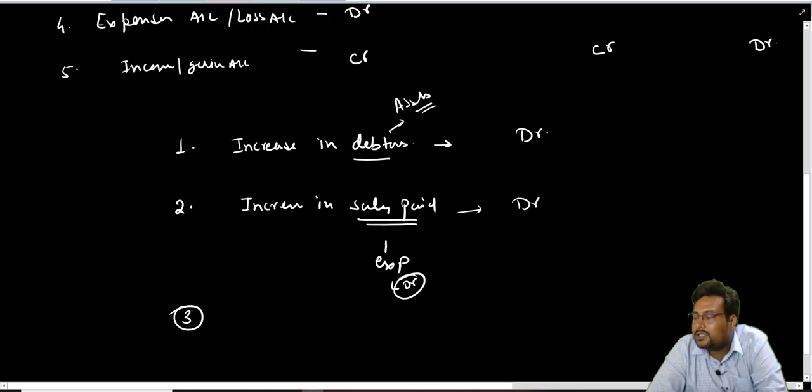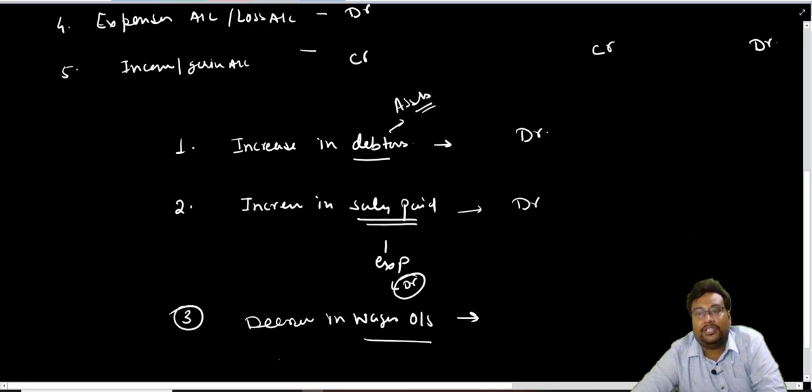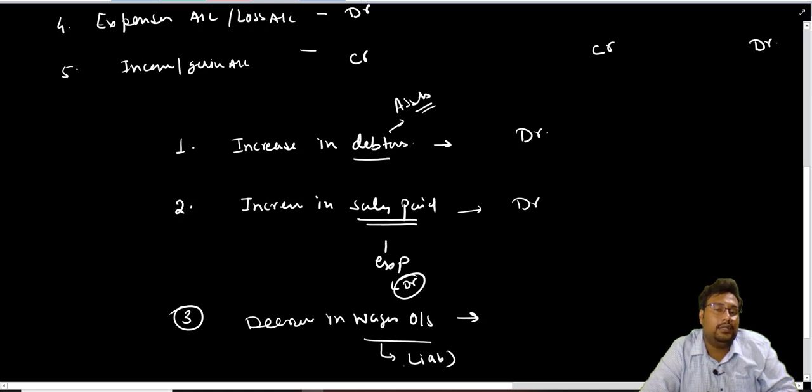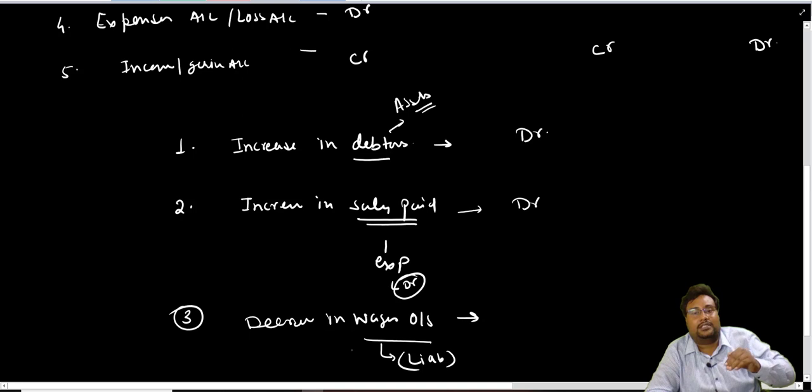Third one, chalo, one last we will do. Decrease in wages outstanding. Now beta, wages outstanding means you have not paid the wages, you have to pay the wages in the future. So wages outstanding is a future payment, and all future payment is considered as a liability, and the liability decreases. So first we have to think in our mind about the liability nature.